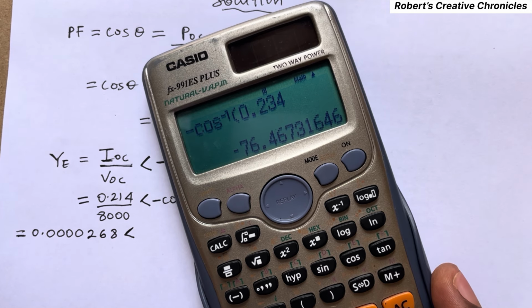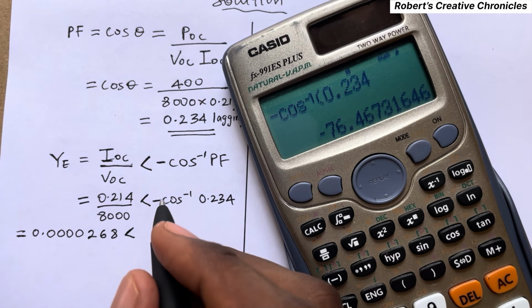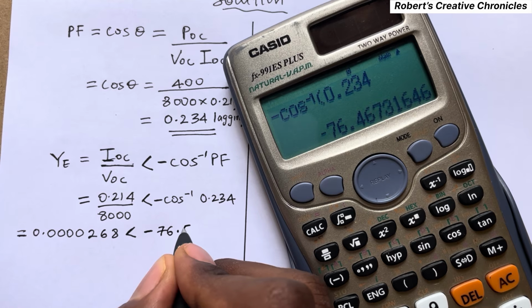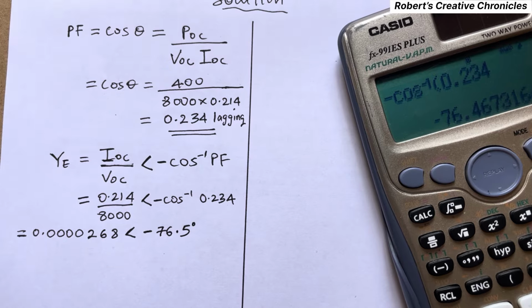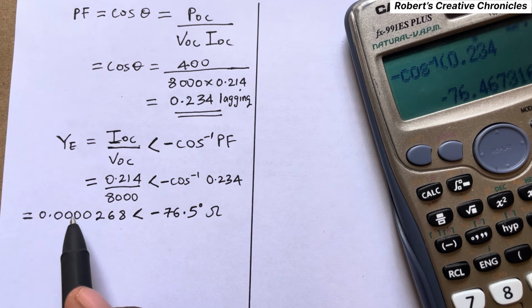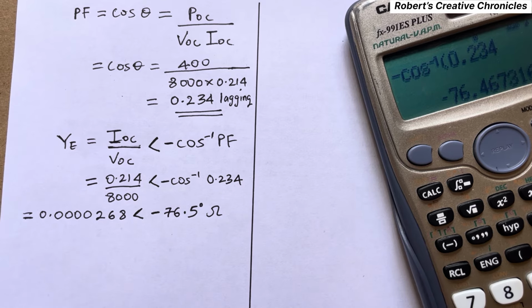This is negative 76.5 degrees approximately, and the unit of admittance is siemens. But this is a polar form of admittance. We can convert it to the rectangular form which we need.